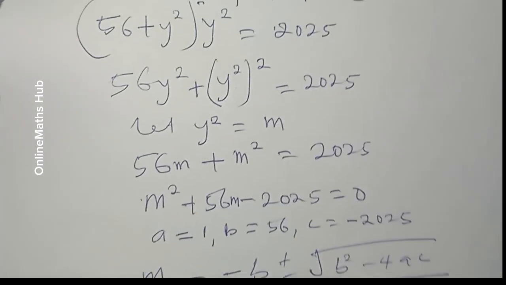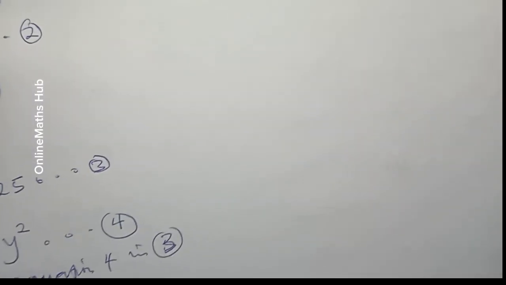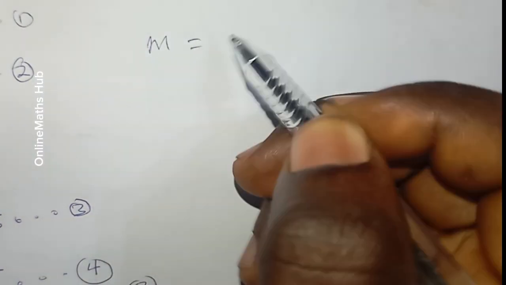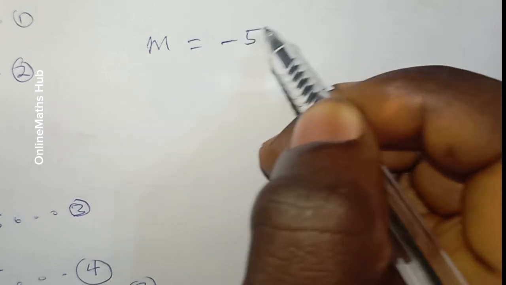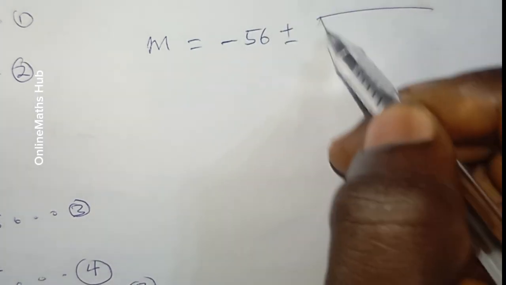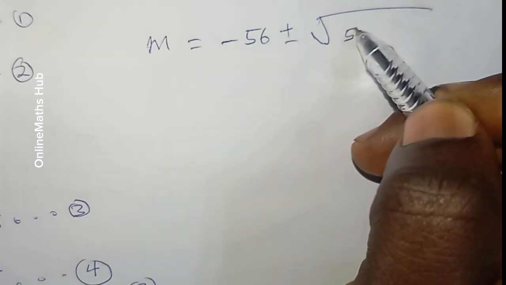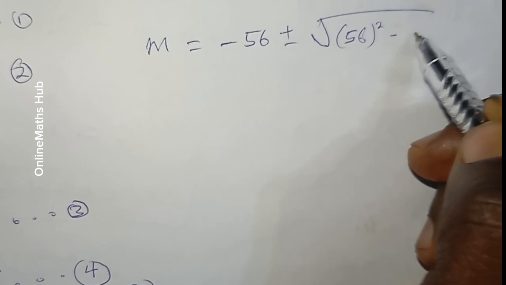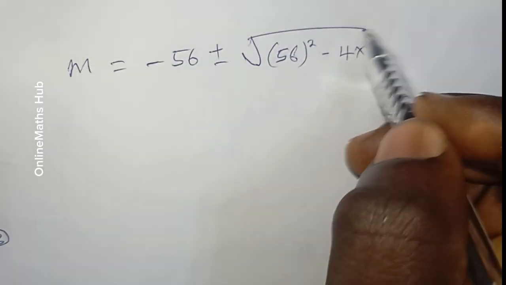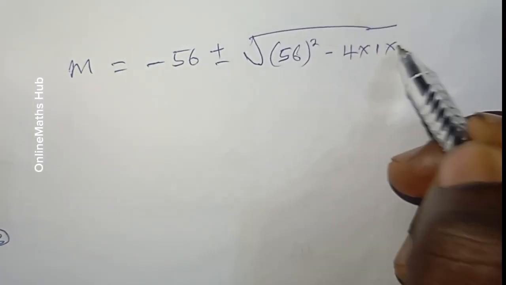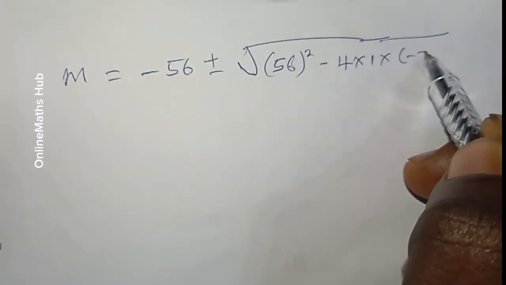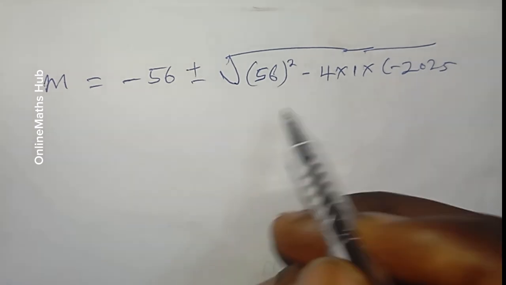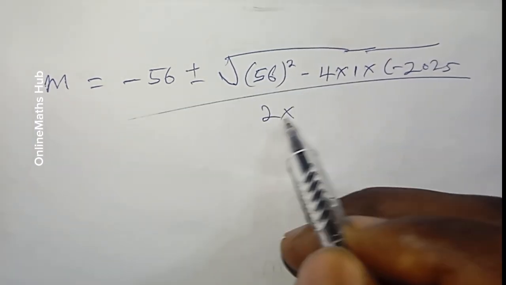We're going to substitute the values of a, b, c, and if we do that, m is equal to minus 56 plus or minus the square root of 56 raised to power 2, minus 4 times a, which is 1, and of course times minus 2025, all divided by 2 times 1.